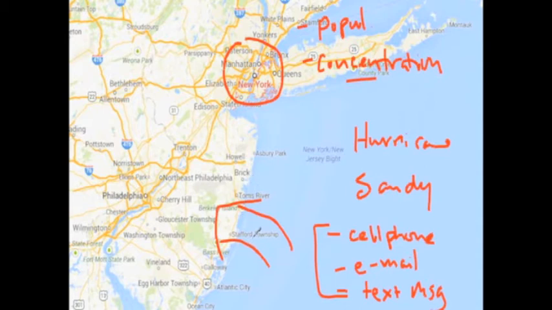And so that caused them to completely misread where the aid was required, and the aid would have been sent to the wrong place. So that was one example.